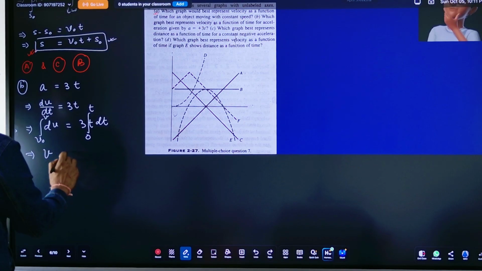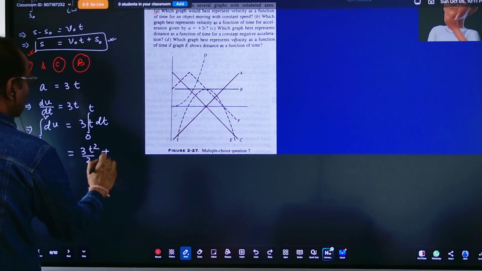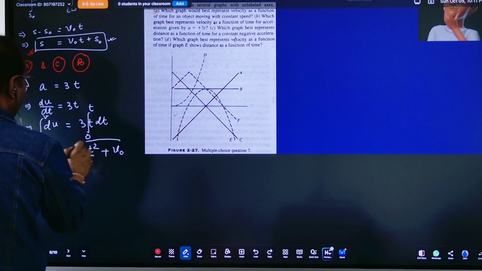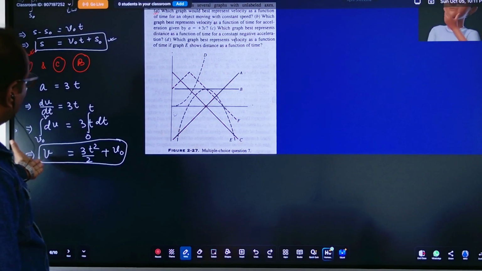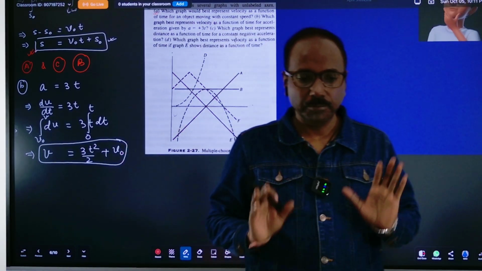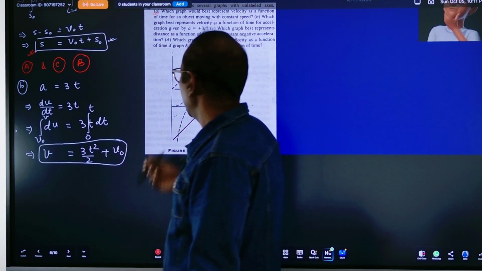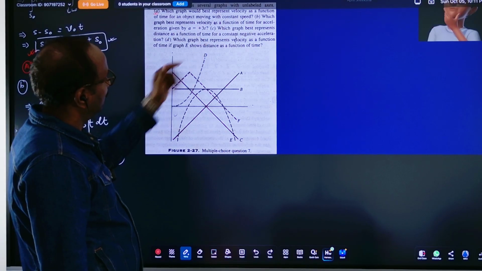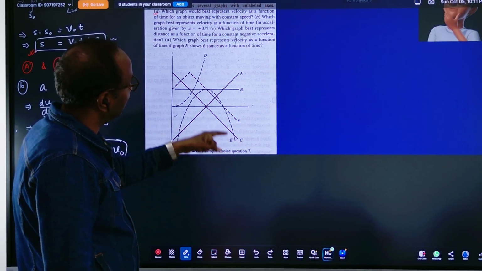So our equation finally comes out as v equals 3t square by 2 plus v naught, where v naught is constant. What kind of equation is this between v and t? It is a quadratic equation, so it will be a parabola. So now go and look for parabola in these graphs. So we can see this one is parabola and this one is parabola. That is D and E are the parabolas.